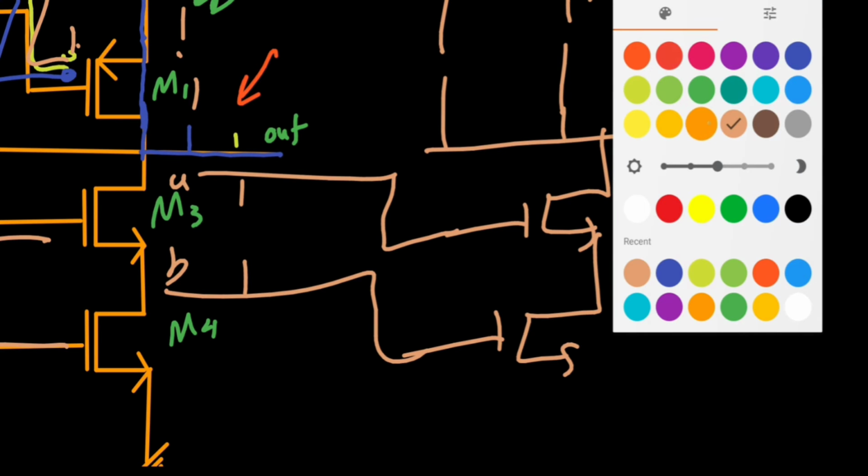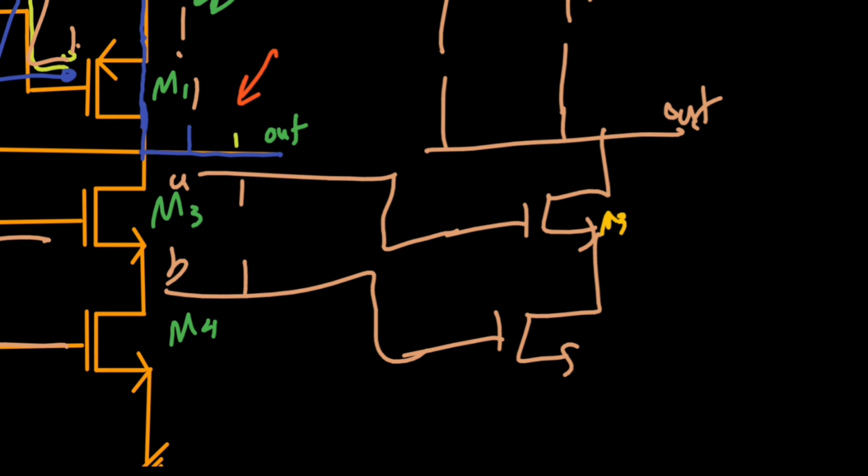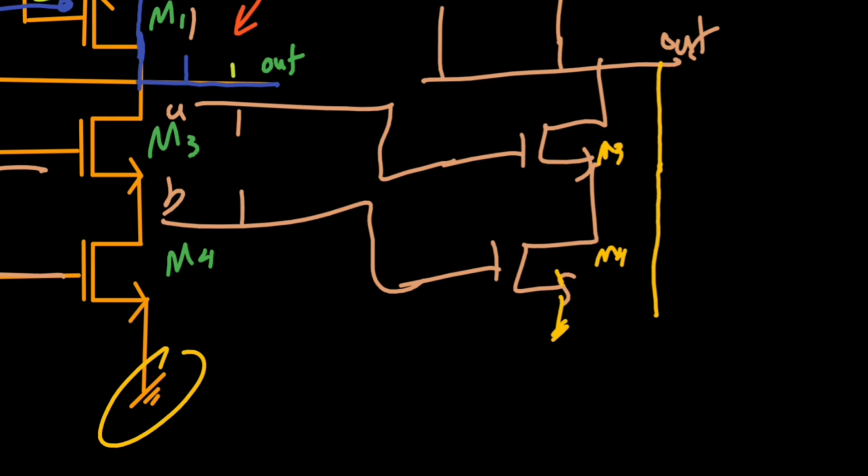So if M3 is on, it would be a short circuit, right? And B is also 1, and it is the gate of the M4, which happens to be another NMOS. So this is also a short circuit, and as you see, they go toward the ground.